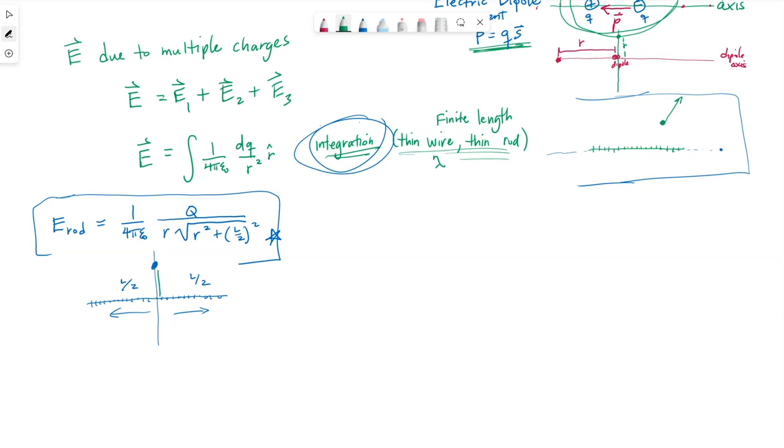R is this distance just straight from the rod to the point. L would be the length of the entire rod, which is why I wrote L over 2 on both sides here. So this equation will work great if you know you're using it in the right context.